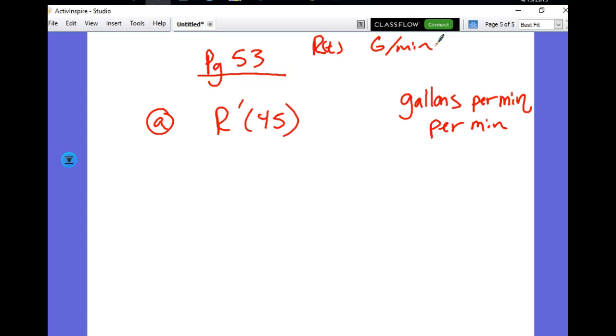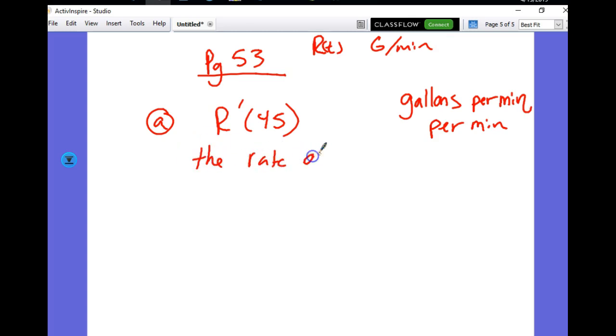Yeah. It would be how fast the fuel consumption, the rate of change for the fuel consumption, is changing. Good. At R, 45 minutes. Very good. So this is how fast the rate of change is changing at 45 minutes.